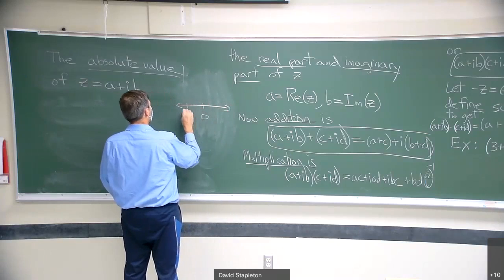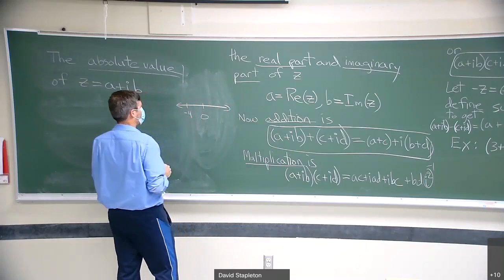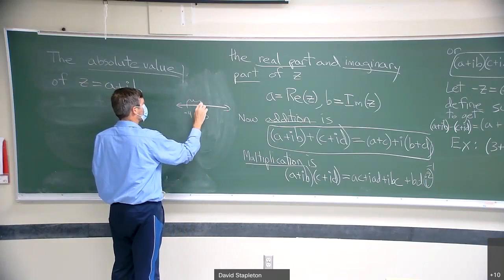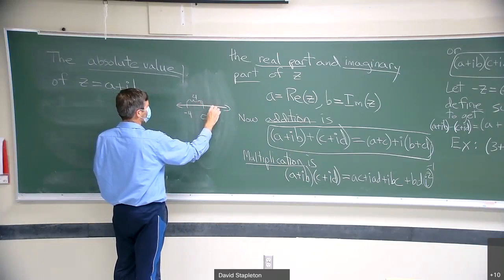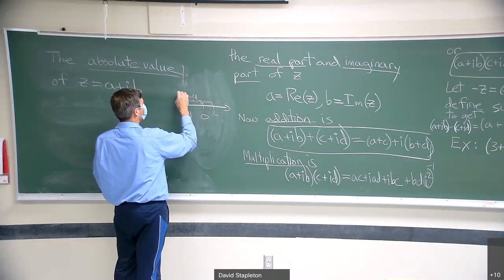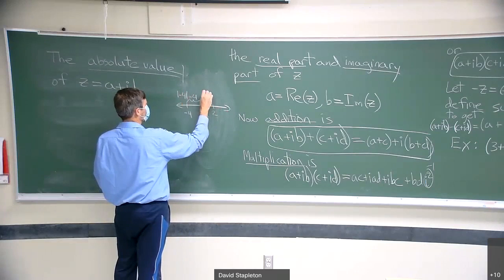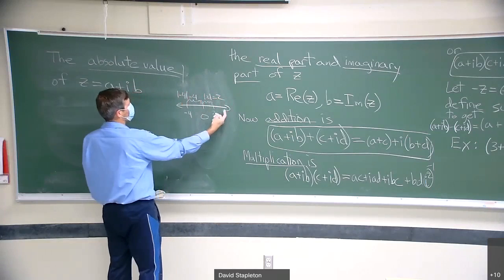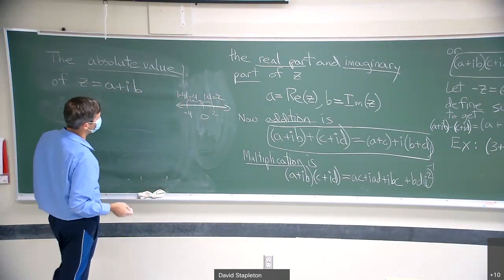If you take any number here like minus 4, its absolute value, plus 4, is the distance to the 0 origin. And if I take the number plus 2, well, its absolute value is its distance to the origin. Absolute value of 2 is 2. Whichever side of the origin you're on, you take the distance to the origin and call that the absolute value.